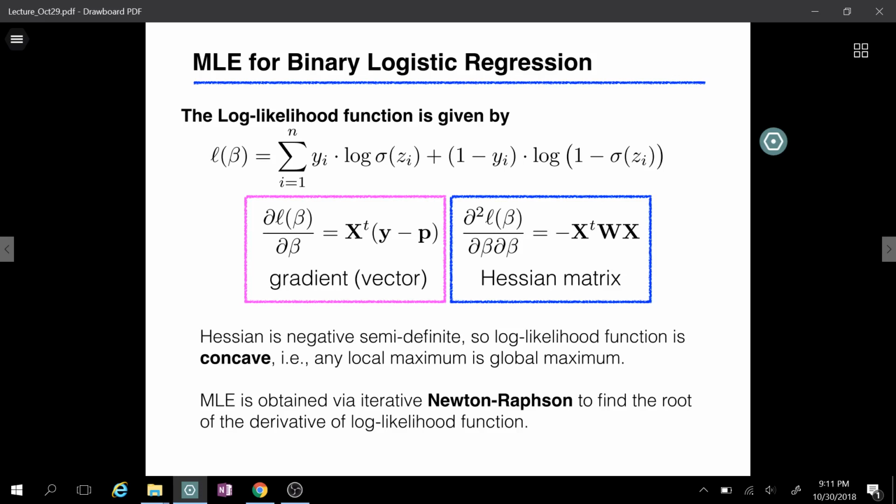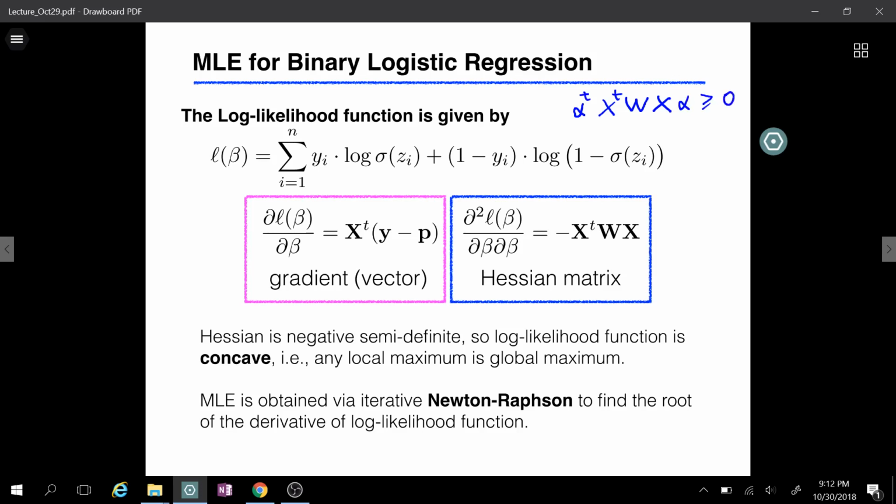And you're going to find out the Hessian matrix is negative semi-definite, meaning minus the Hessian matrix, which is x transpose W x, is positive semi-definite. It means that if I multiply by a vector alpha transpose and alpha, this is going to give you a number, and you can show this is always bigger than or equal to 0.